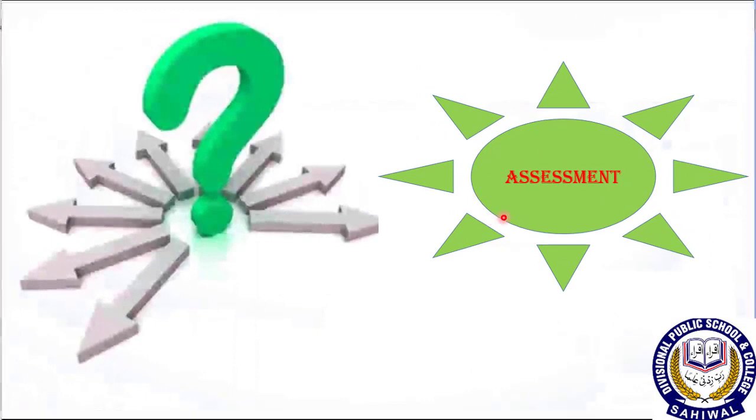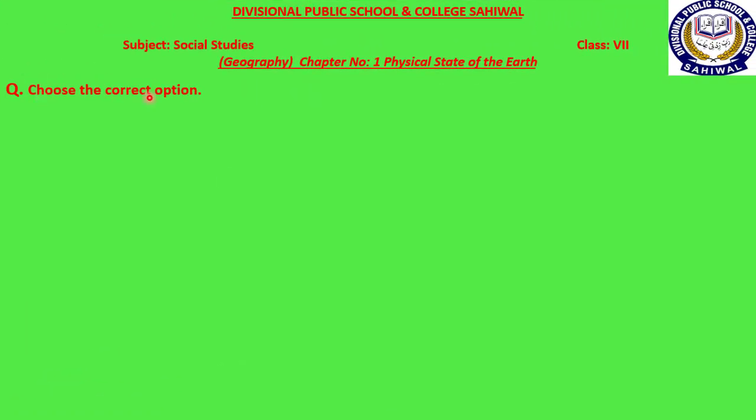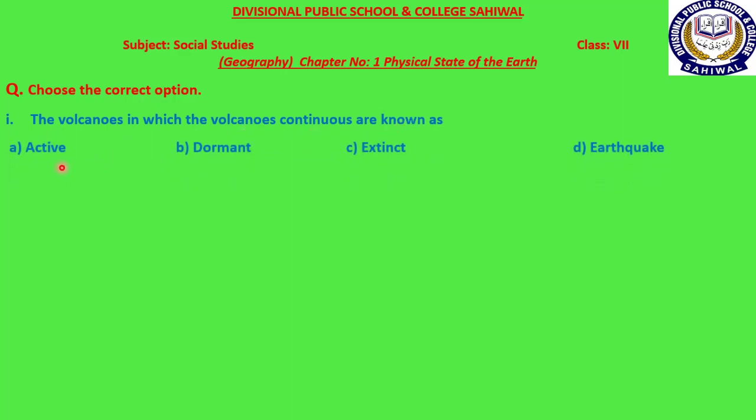Now it's time for your assessment. Choose the correct option. Number 1, the volcanoes in which the eruptions continue are known as A. Active, B. Dormant, C. Extinct, D. Earthquake. So 4 options are given.